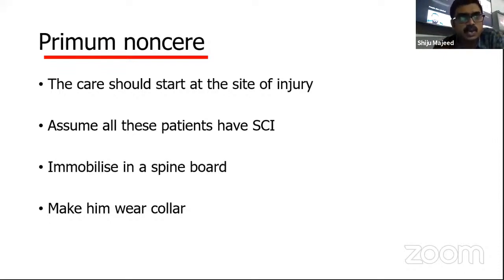Anecdotally, I can tell you about the most recent vertebral fracture that occurred to a very high profile person. You remember that the owner of Lulu Enterprises, Dr. M.M. Yusuf Ali, had a vertebral fracture when his helicopter landed in a marshy area accidentally. But he was taken to a hospital in a sitting position, and luckily he did not develop paraplegia from the injury.